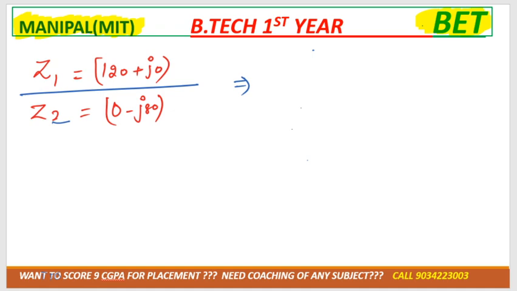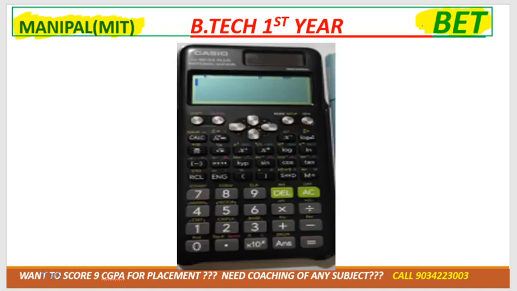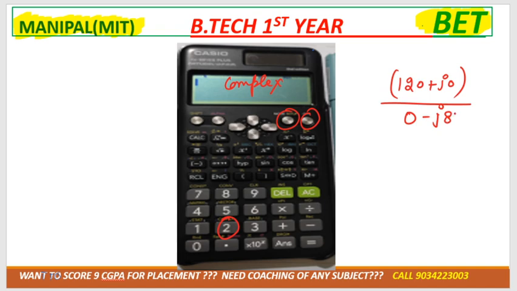For this, follow the steps. This is your calculator. First of all, press ON, then press MODE, then press 2. Now your calculator will be in the complex mode. Got it? Now what you need to do is 120 plus j0 divided by 0 minus j80.